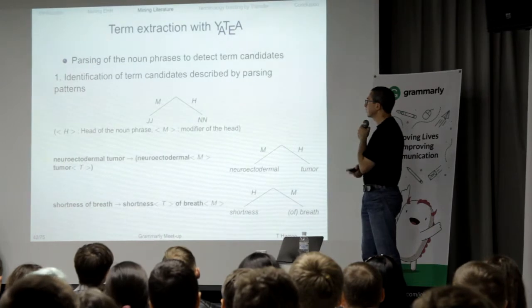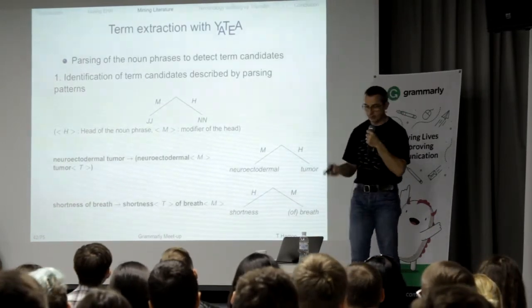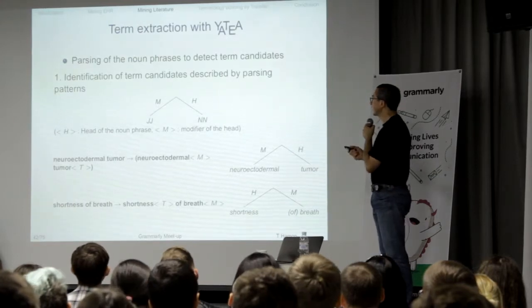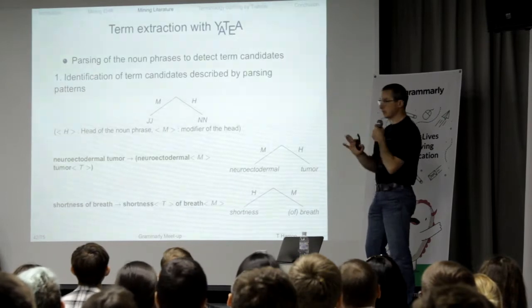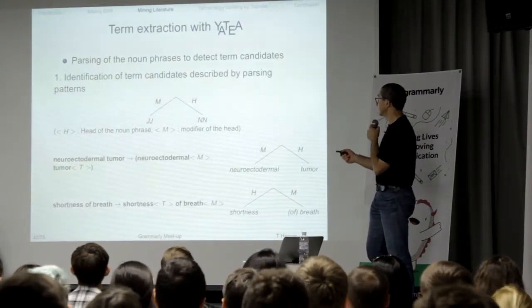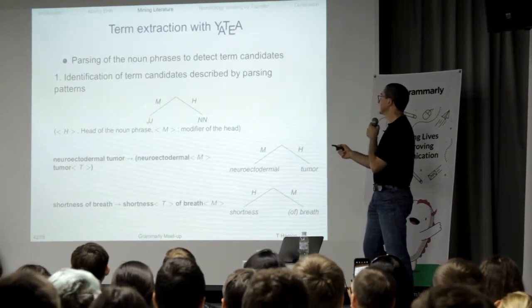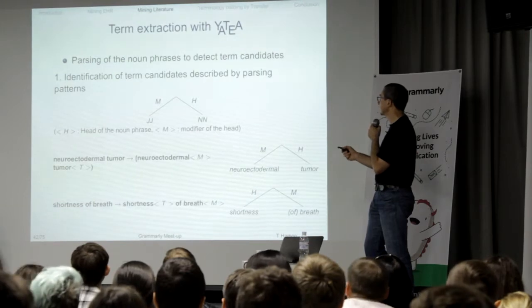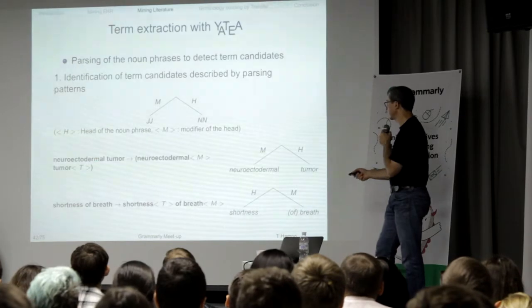And we use progressive parsing. We start by identifying term candidates which are described exactly by parsing patterns. For instance, here you have some parsing patterns, with the adjective as the modifier of the term and the noun as the head of the term. So you have two examples here.